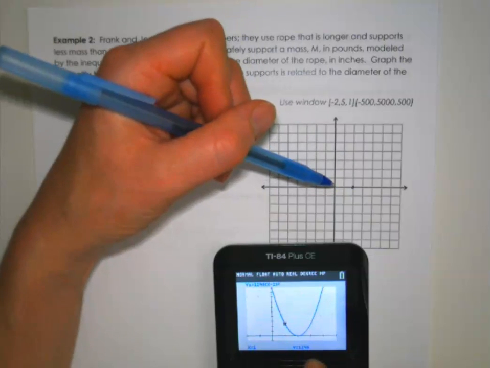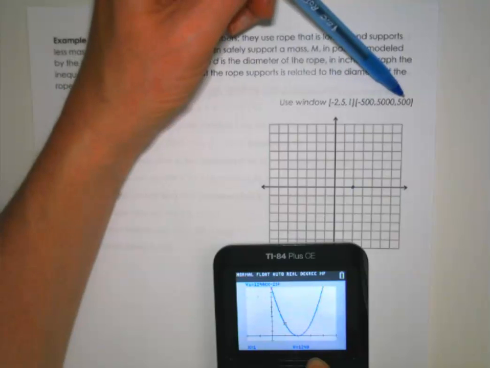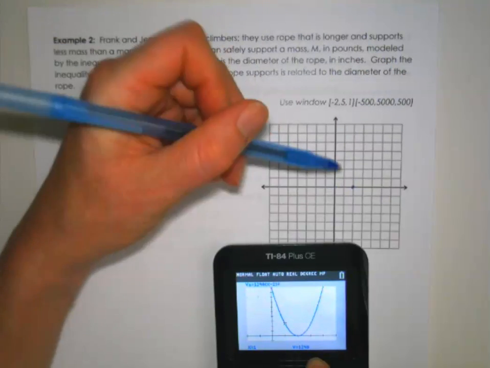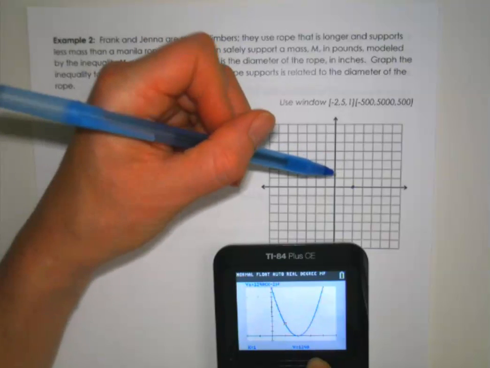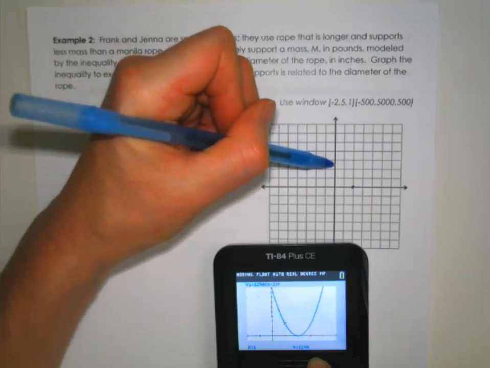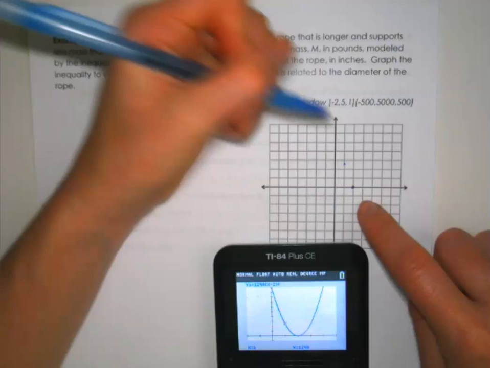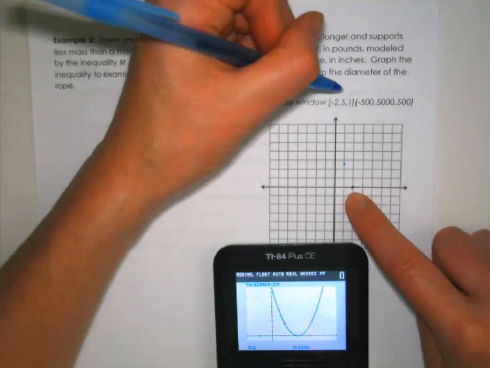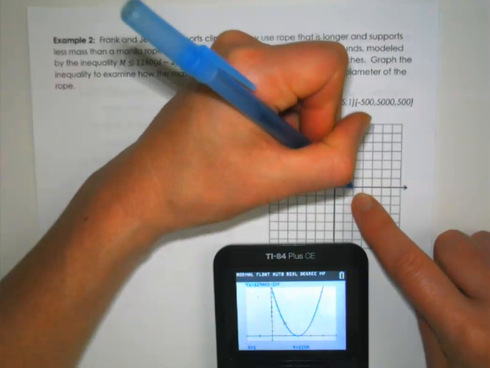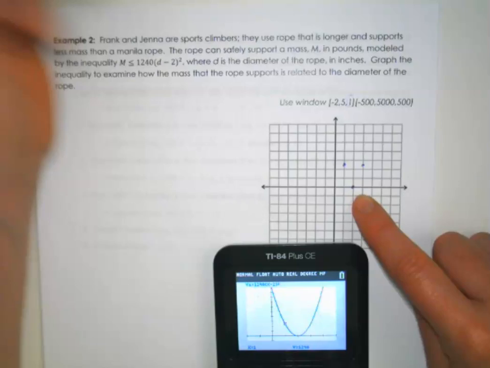So we see that our numbers here are really big, but like I mentioned, when you're setting up your windows, if you set the y scale to be 500, we can do the same on this graph here. So 500, 1000, here would be 1500, so 1240 would be about halfway in between, and we're at x equals 1. Our scale for x was 1, so there's our 1 coordinate, and then we can use our mirror image to know that we would have another point there.